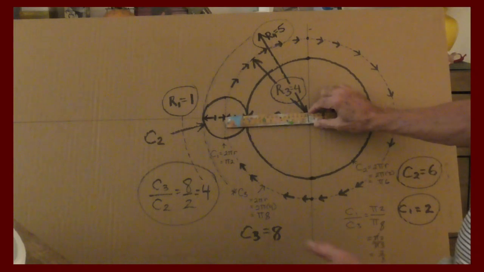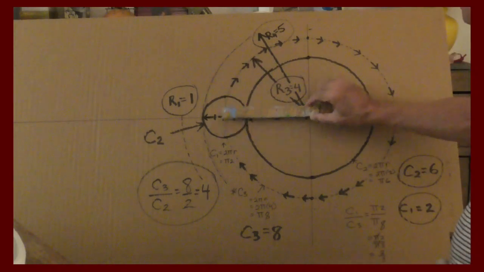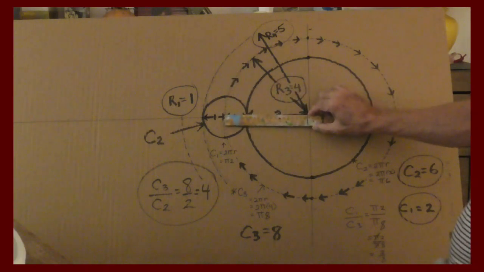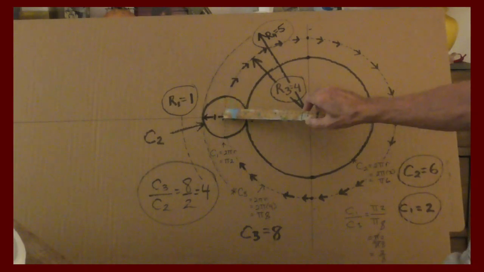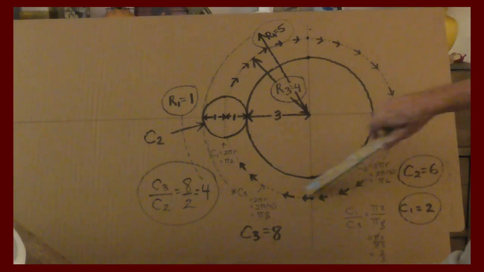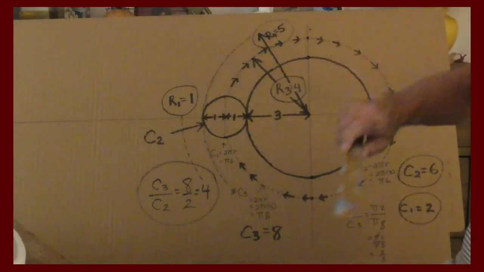And the diameter, twice that, would be 8. So the diameter of that big circle out here that this is going around is 8.